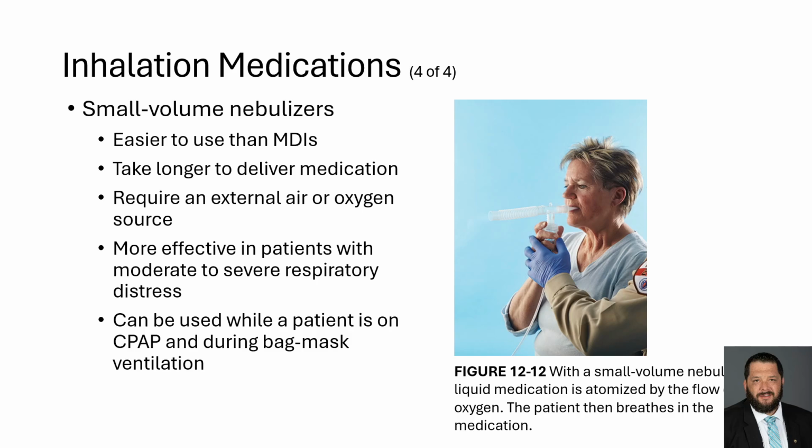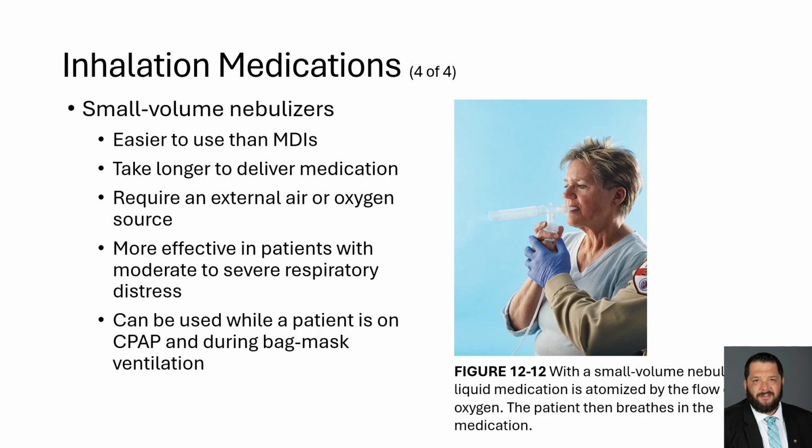You may use small volume nebulizers. These are common to see in EMS, and you may use this to deliver medications such as albuterol, Xopenex, or Atrovent. These medications are inhaled and used in the treatment of patients with respiratory distress who have COPD or asthma.